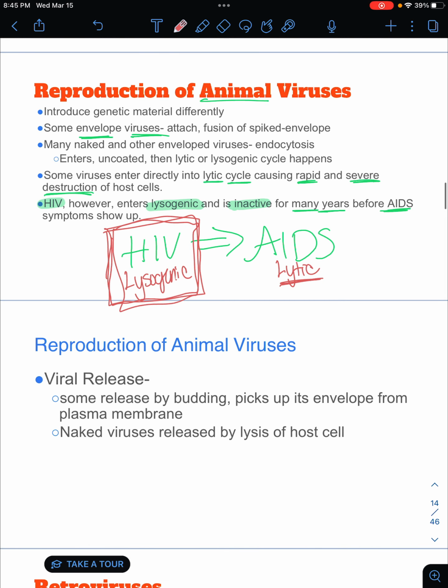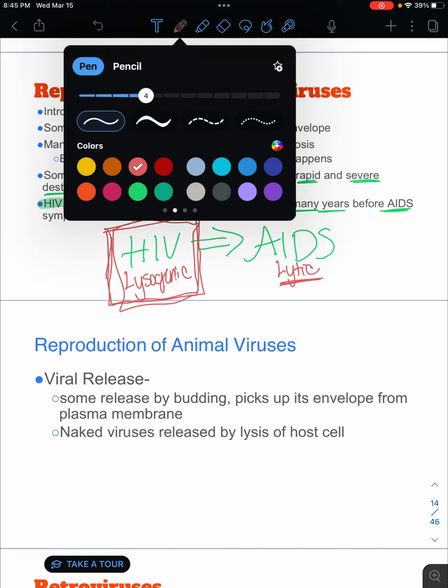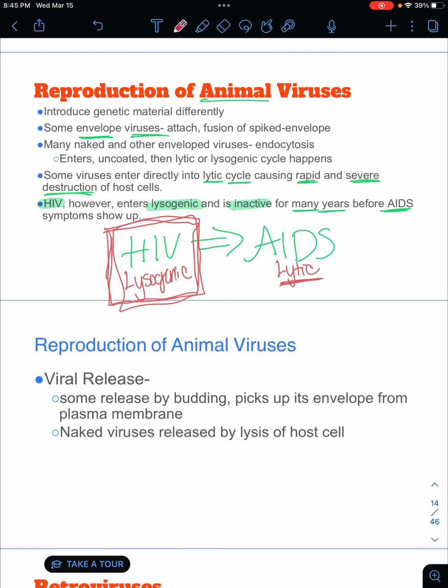So how do these animal viruses release? Some release by budding. Budding is like pinching off Play-Doh. That's what budding is like.